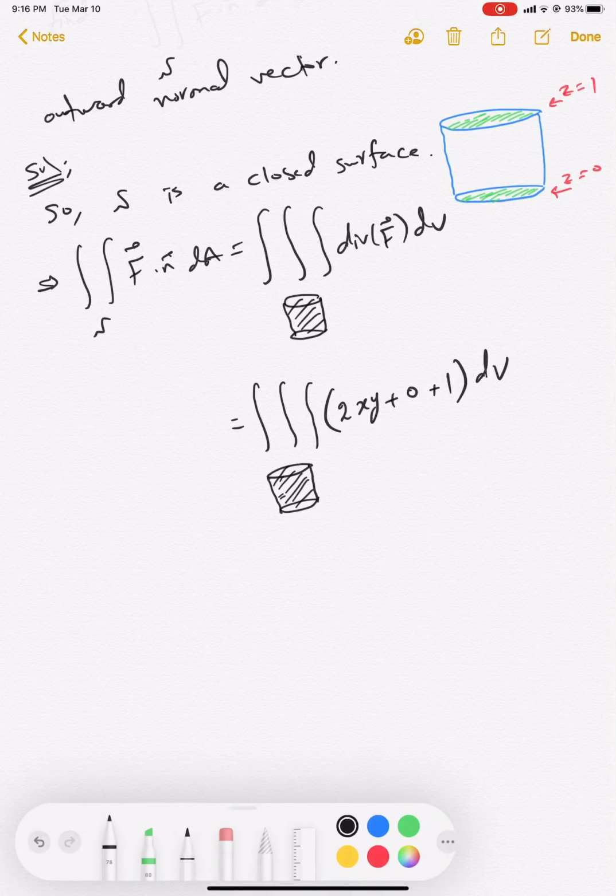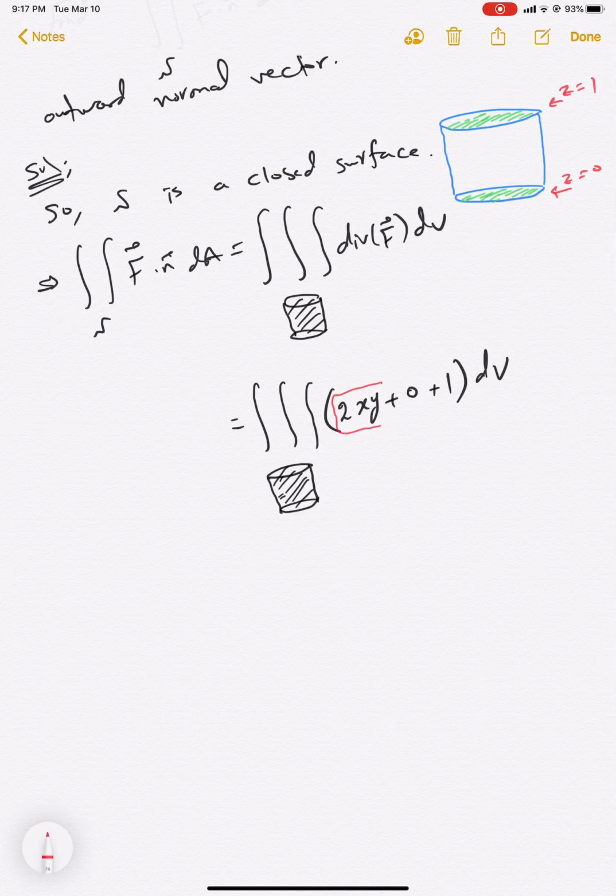Now the nice thing, if we look at 2xy for this, so this is my solid, x times y has all possible values, positive and negative values. So after doing all the computations, this will be 0.